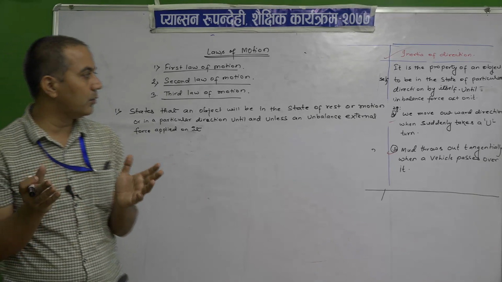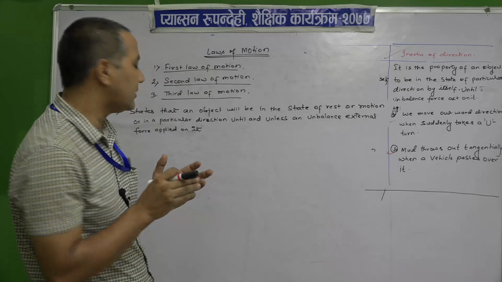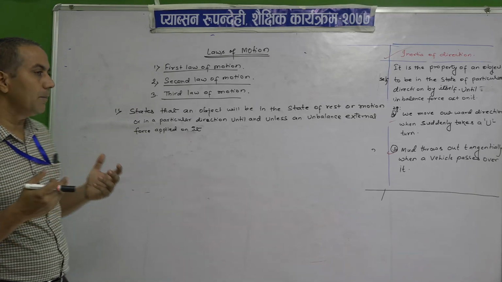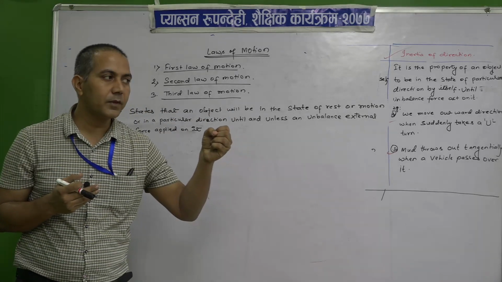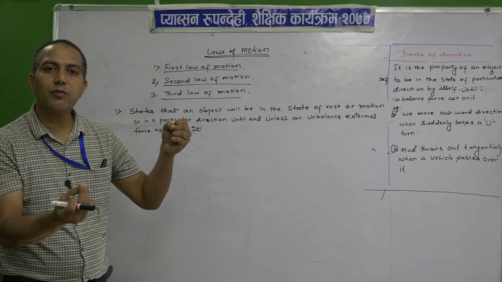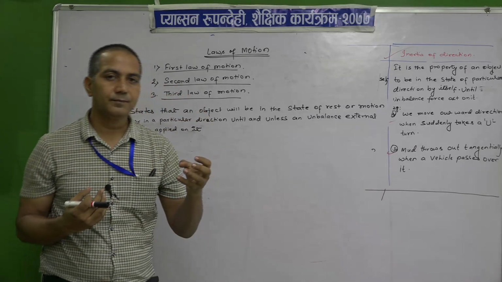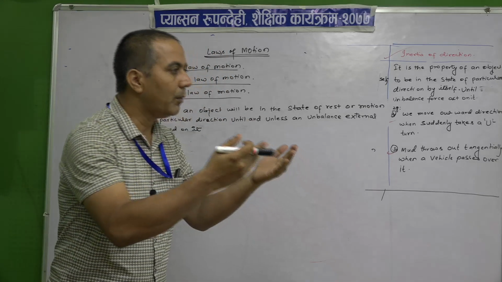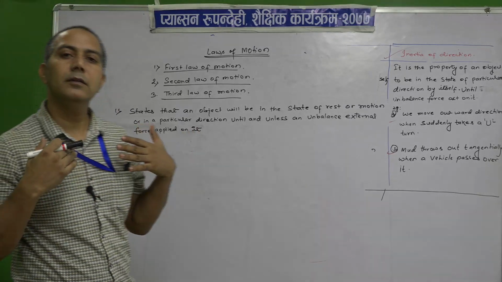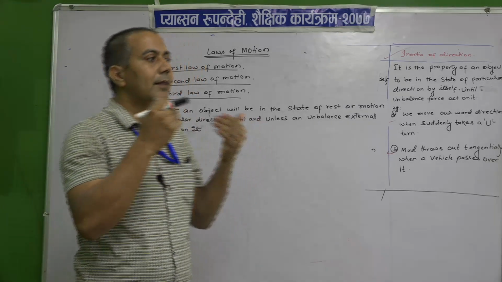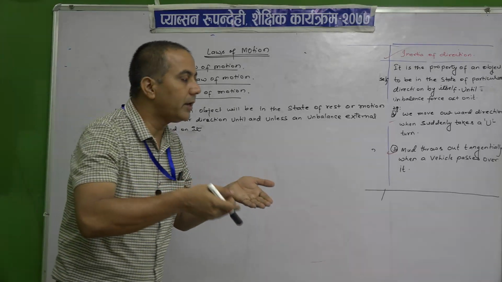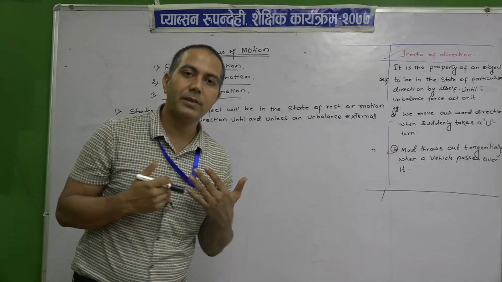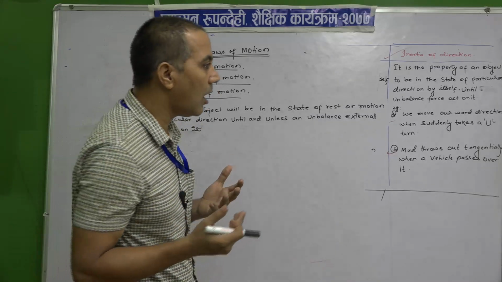I have already given you the examples. For inertia of rest: shaking of a tree causing fruits to fall. Then the jerk of the body forward when a bus suddenly stops, and the body jerks backward when a bus suddenly moves. These are some examples of the first law of motion.